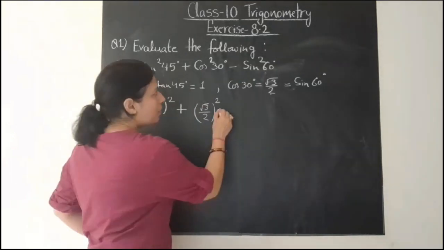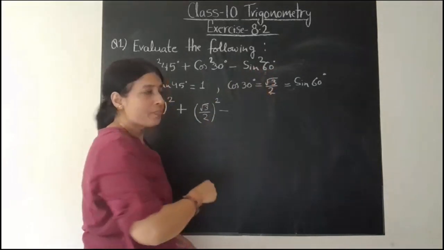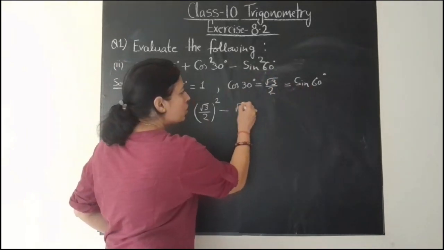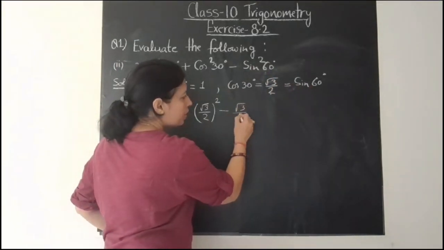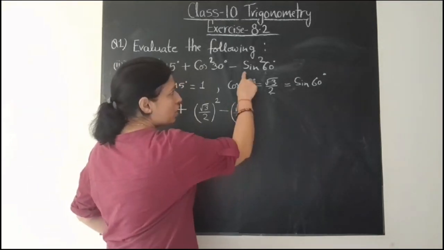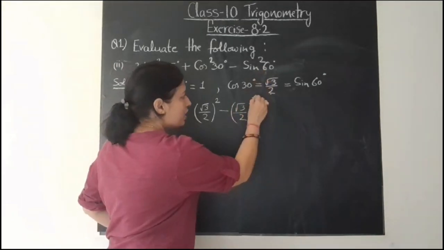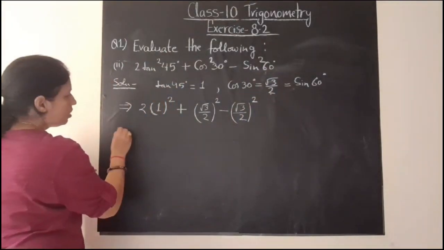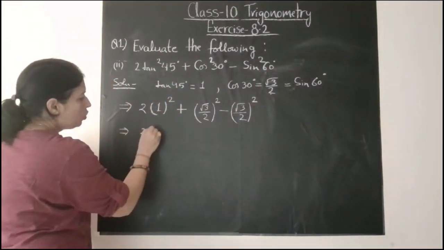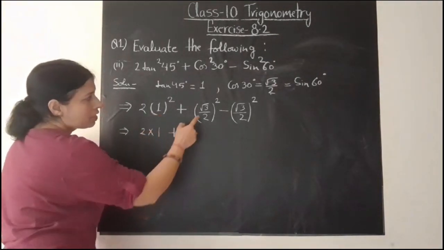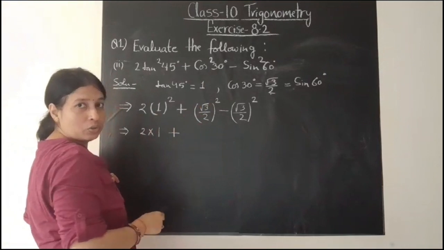So write here root 3 by 2 and square that value. After that sin square 60. Sin 60 is equal to root 3 by 2, then square that value because here it is sin square 60. So it is 2 into square of 1 is 1, plus square of root 3 by 2.